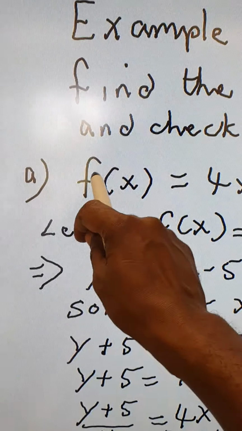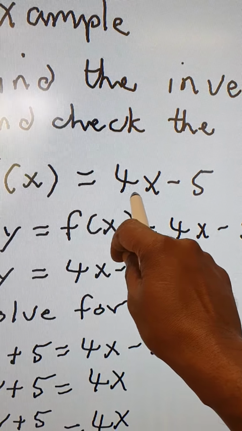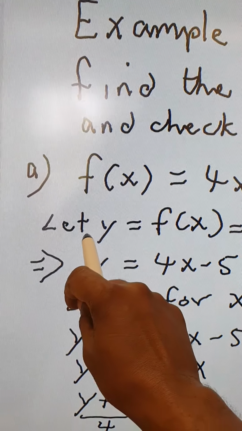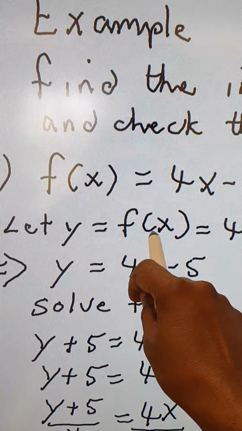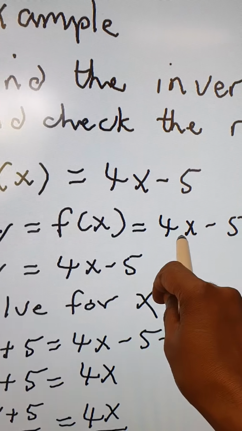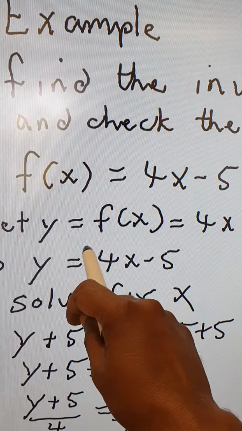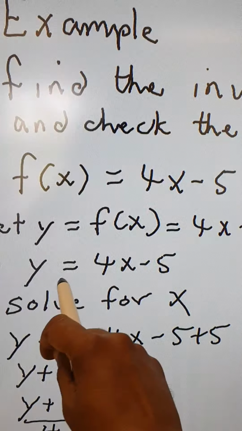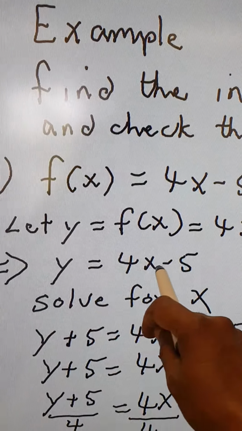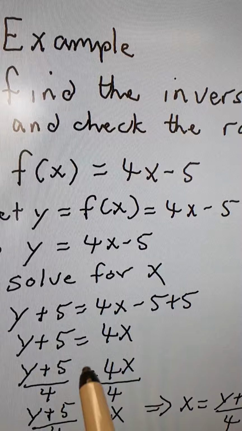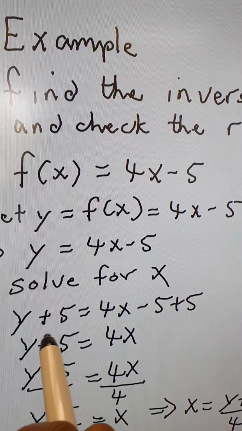So this is the original function. We set it to y equal to the function so that we can solve for x. In the next line, you see that we remove the f(x). We just have y equals 4x minus 5. And then you solve for x.